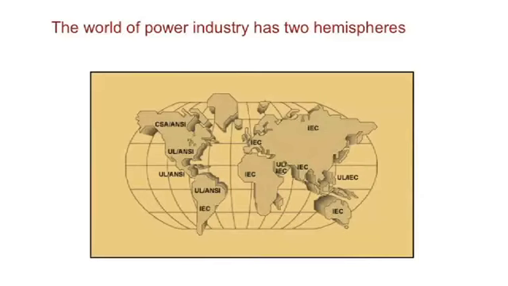If you simplify this map, on the left-hand side in the Americas, you will see what I call an ANSI world, or maybe UL, or maybe CSA, but it's sort of one continent, or one cluster, or one region in the world, and most of the rest of the world is IEC.